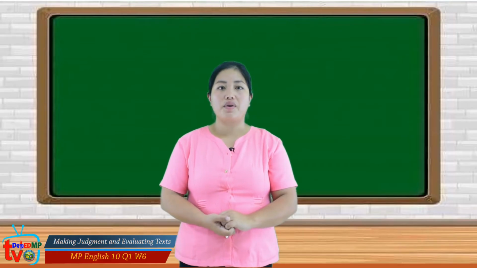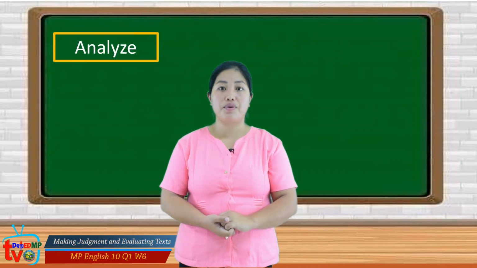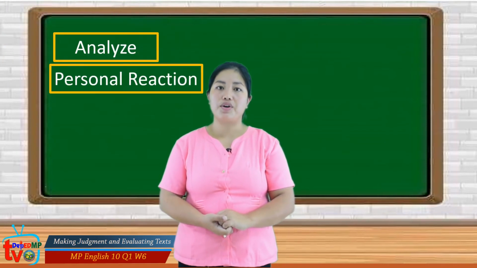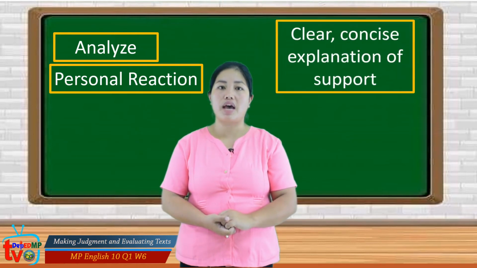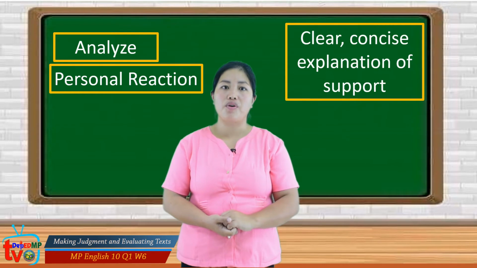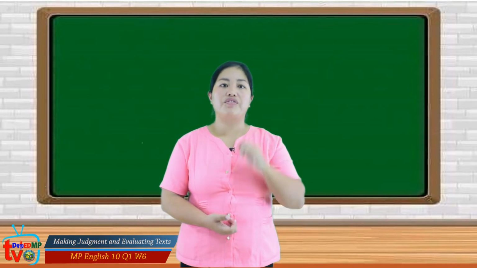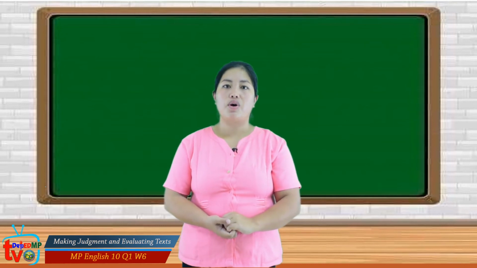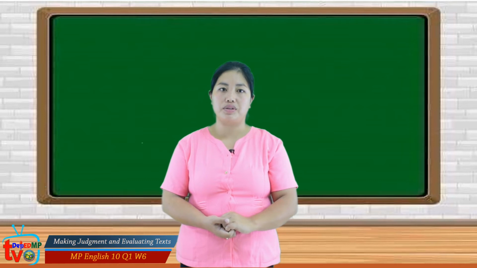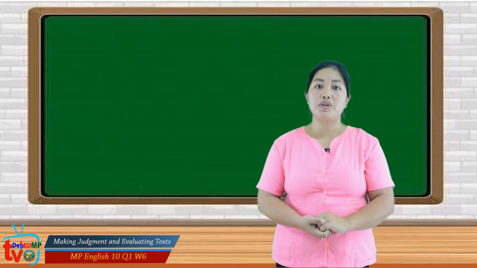Critiquing an article or an essay assigned by your teacher means you analyze the reading, identify your personal reaction, and develop a clear, concise explanation of support for your reaction. Your knowledge of the discipline in which you are working is the basis on which you build the explanation. Moreover, successful critiquing begins with reading.